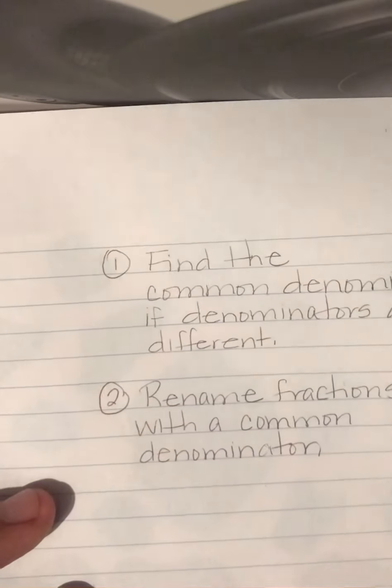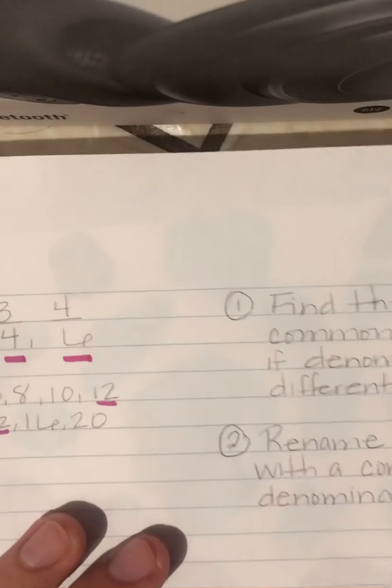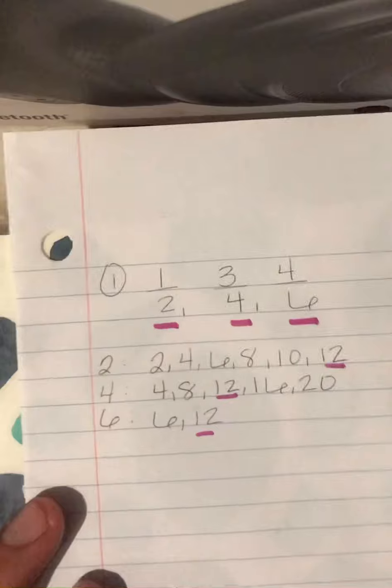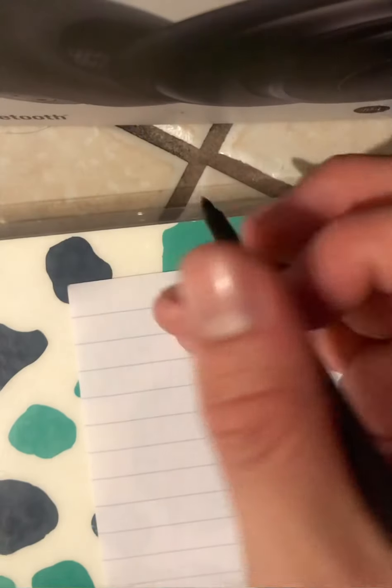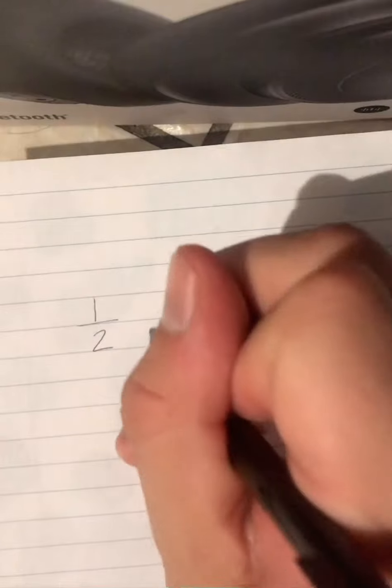So let's look at how to do that, which we've already practiced, if I'm not mistaken. So let's look at 1/2. We know that our common denominator was 12.